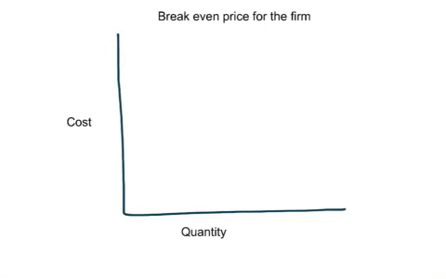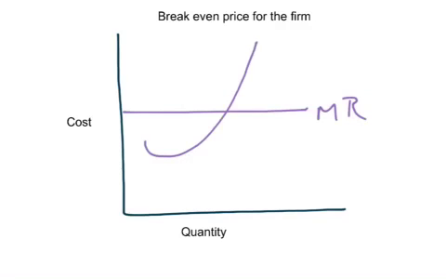Okay, so now we're going to put the two of them together. If we have a marginal revenue curve that is a straight line, and a marginal cost curve, what we want to consider is at what point are their costs equaling the amount of money that they're taking in. And that happens when all of these curves intersect at the same place.